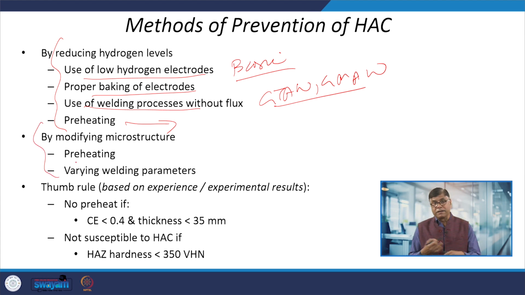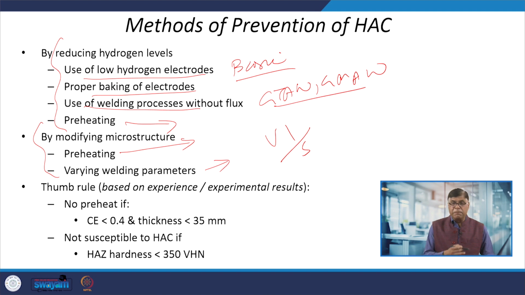The second approach deals with developing soft phases. So avoid the hard and brittle phases like martensite, and that can be done by using proper preheat. Preheating will reduce the cooling rates and will encourage the formation of soft phases like pearlite, ferrite, bainite, etc. And vary the welding parameters so as to increase the heat input, using a suitable combination of voltage and current in arc welding processes, so that soft phase formation is enhanced.